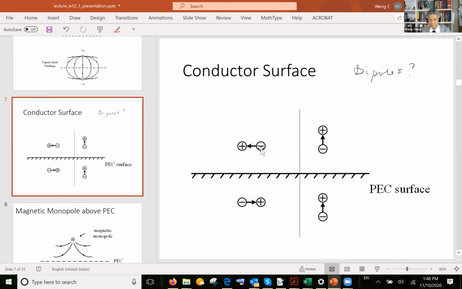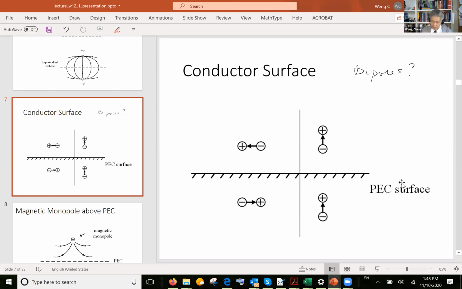And the negative charge part of a dipole will have a positive charge as its image. If this is the electric dipole, with the dipole moment pointing in this direction, then the dipole moment of the image is going to look something like this. So a horizontal electric dipole reflects to a negative horizontal electric dipole. These two dipoles are of opposite polarity.